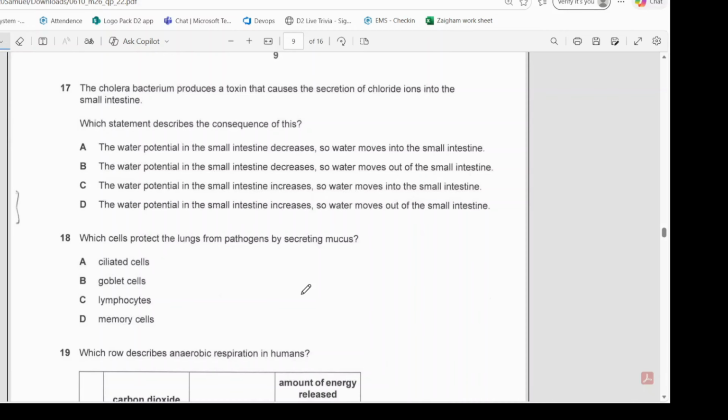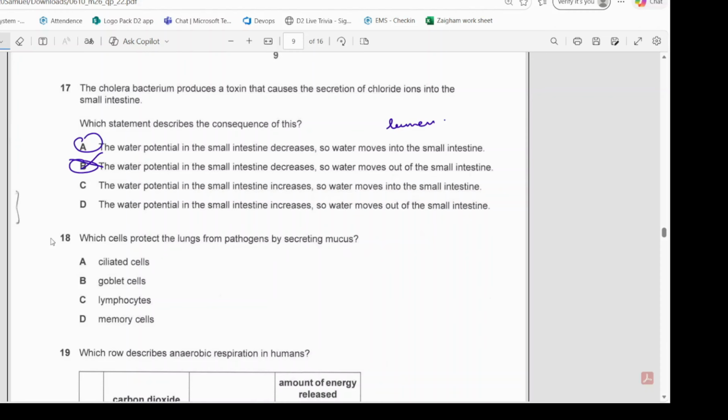What if I say it's not A? Wait. If it's about the lumen, since lumen is not mentioned over here, then A. Otherwise, if lumen is given, then we have to write that water moves out of the epithelial cells into the lumen.